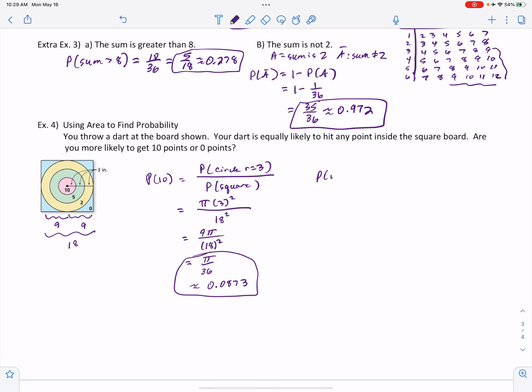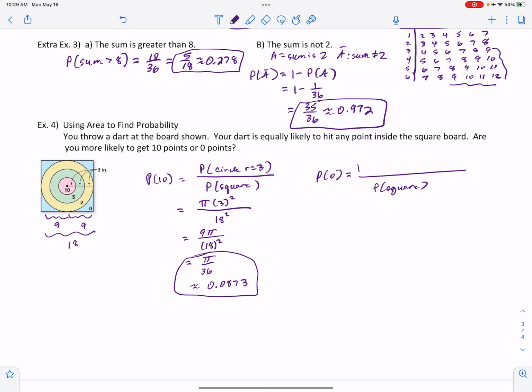Probability of 0? Well, to get the probability of 0, you've got to get that outer area that's in the square but outside the largest circle. And then put that all over the area of the square, which is that 18 squared.